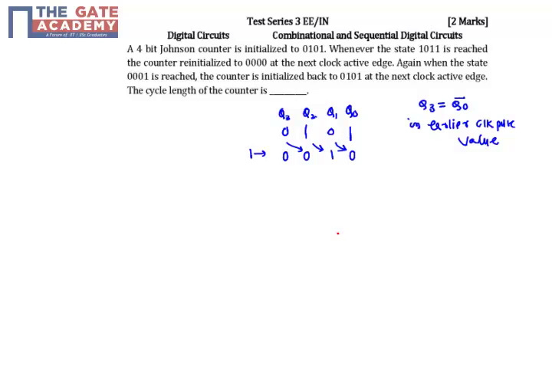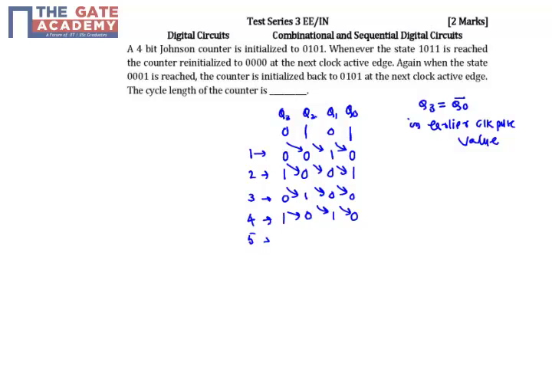to all zeros. So second clock pulse, so this is 0 0 1, and the complement of 0 is 1. Third clock pulse 1 0 0, the complement of 1 is 0. Fourth clock pulse 0 1 0, here the complement of 0 is 1.